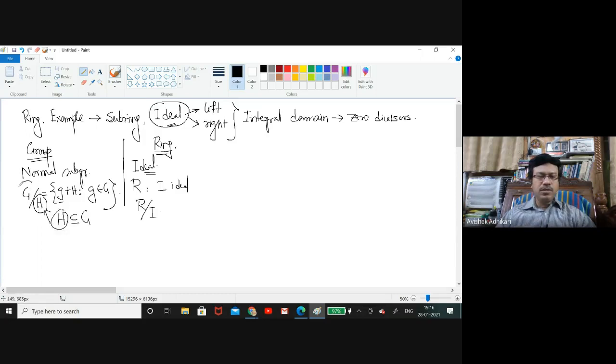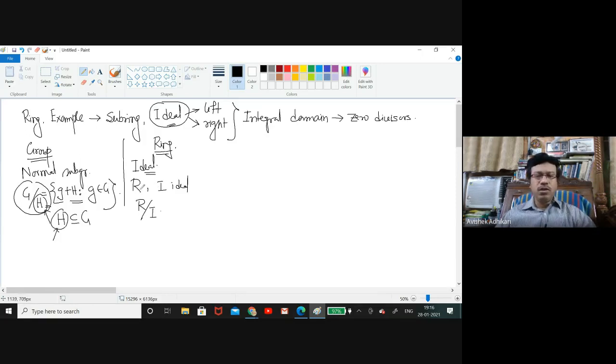So this is always defined even if H is not a normal subgroup. But algebraists are not happy with only a set. This is just a set. To have some group structure, H has to be a normal subgroup. Unless H is a normal subgroup of G, you cannot have G quotient H to be a group. So you cannot impose some group structure on G quotient H.